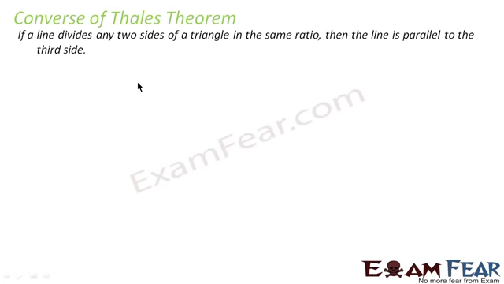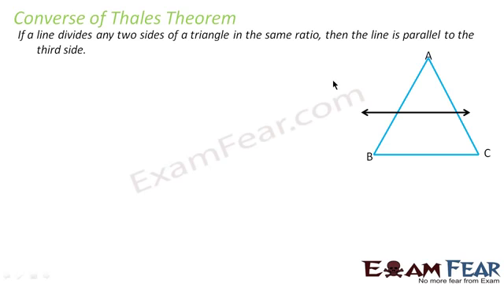Once again, the converse of Thales' theorem. If a line divides any two sides of a triangle in the same ratio, then the line is parallel to the third side. That is, this is the triangle. If this line divides the triangle in the same ratio, then it is parallel.